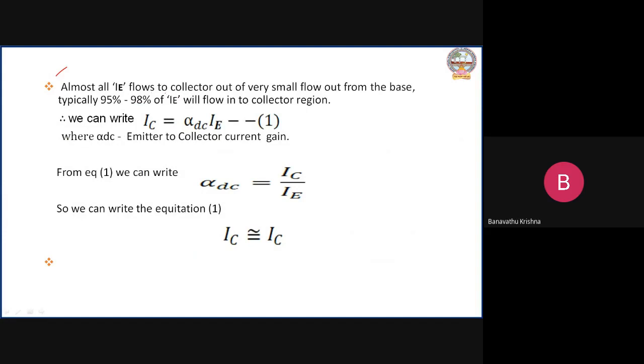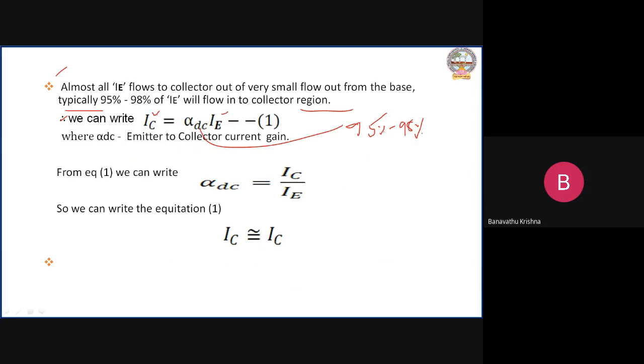And here almost all the emitter charge carriers flow to the collector, with very few flowing out of the base. Typically 95 to 98% of charge carriers will flow to the collector region. So therefore we can write IC equal to alpha DC times IE. Alpha DC means 95 to 98% of charge carriers enter the collector region, so the collector current is almost equal to the emitter current.